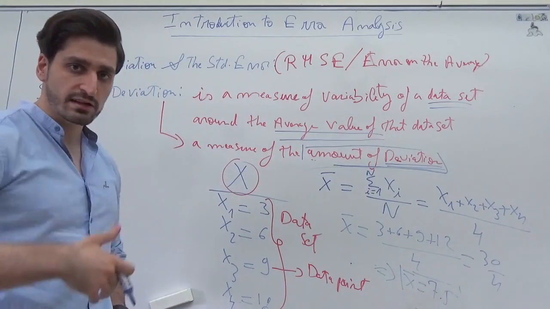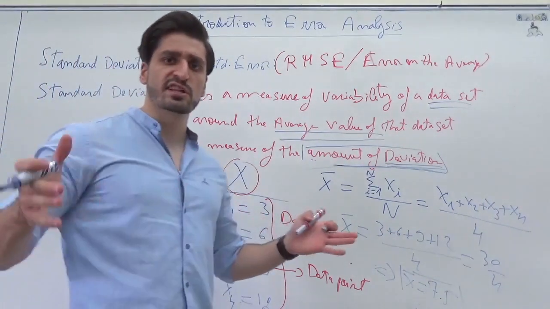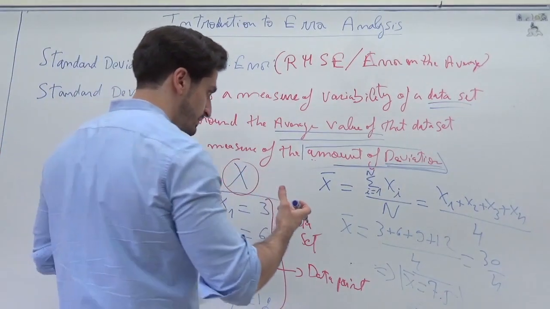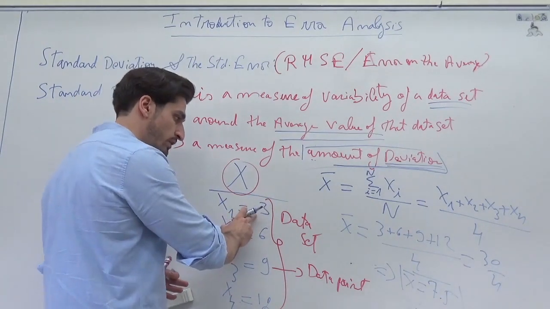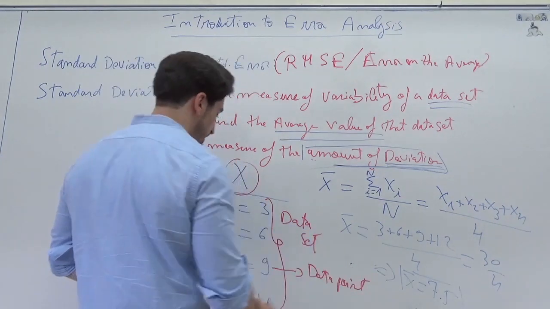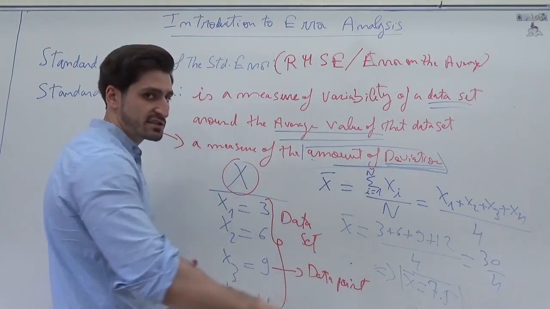Whenever you think of deviation, you think of difference either between two values or two sets of values. So next we are going to find the differences between each data point and x bar, meaning the difference between x1 and x bar, then x2 minus x bar, then x3 minus x bar, then x4 minus x bar, etc.